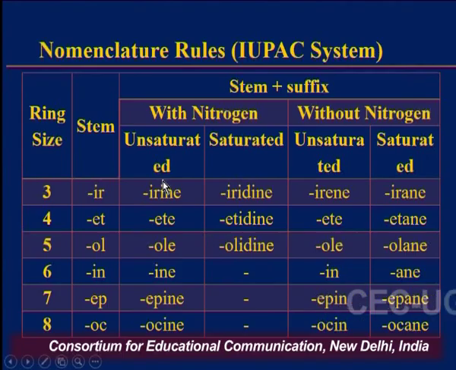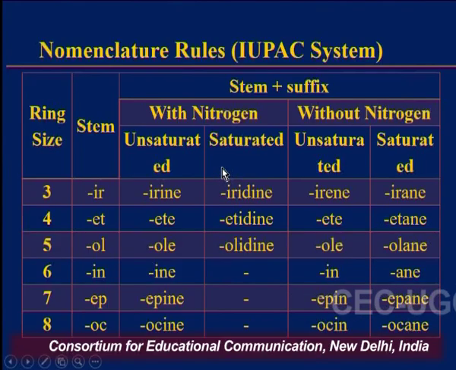So when nitrogen is present in the heterocyclic ring and the ring is unsaturated, then for the 3-member ring we choose irine as the suffix, for the 4-member ring ete, for the 5-member ring ole, for the 6-member ring ine, for the 7-member ring epine, and for the 8-member ring ocine.